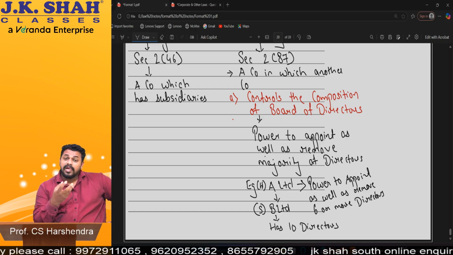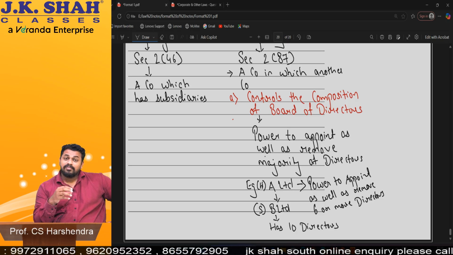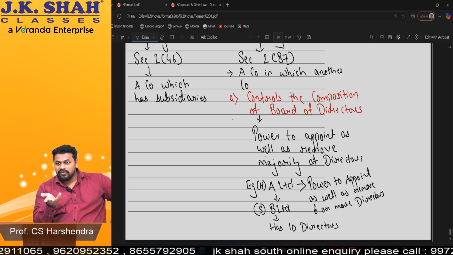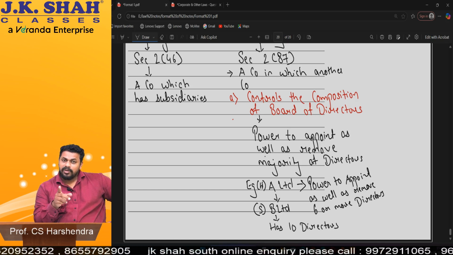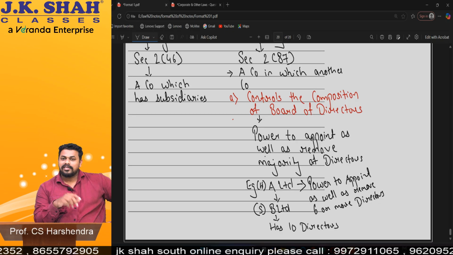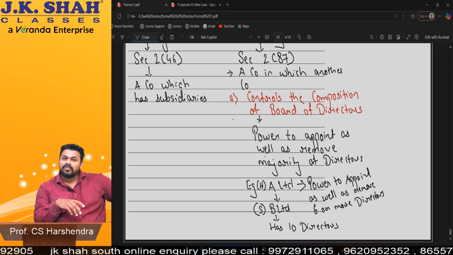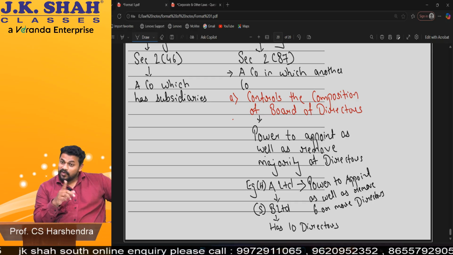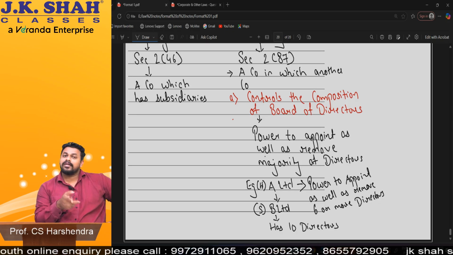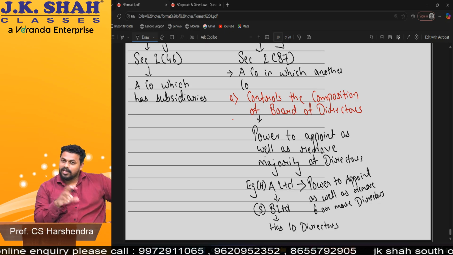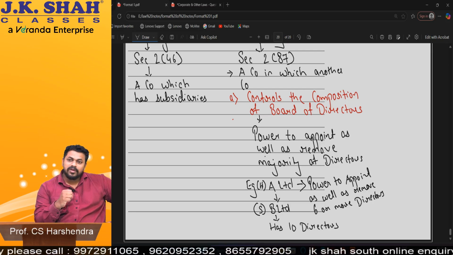So if A limited has majority of shares, basically majority of votes in B limited, does it have the power to appoint majority of directors or all the directors? All the directors, because without their consent no director can be appointed. So if you say they hold majority of shares, then it is not a majority of directors, it is all directors they can appoint. Did you understand?